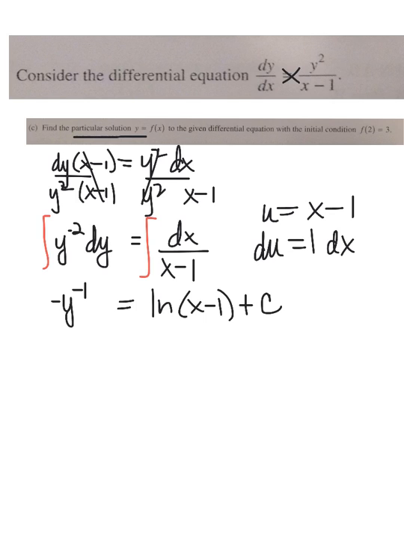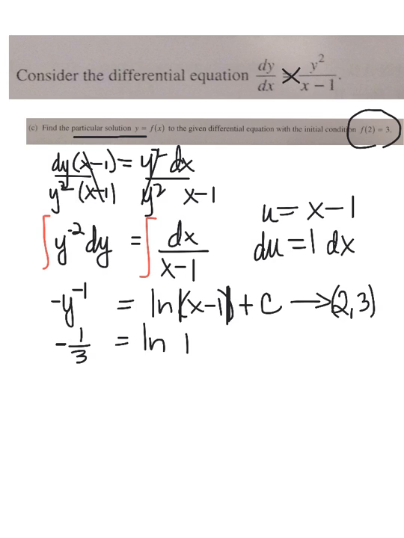All right, well, I have an initial condition, and that is that f of 2 is 3, so I know that point is 2, comma 3 that I'm going to plug in.